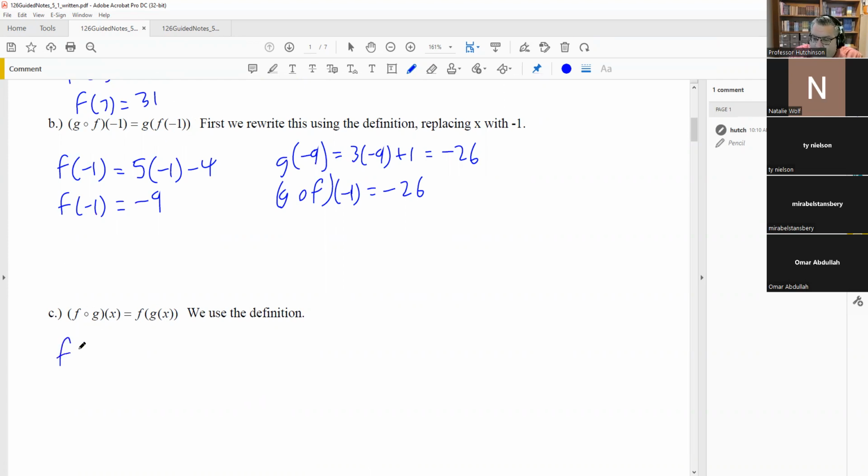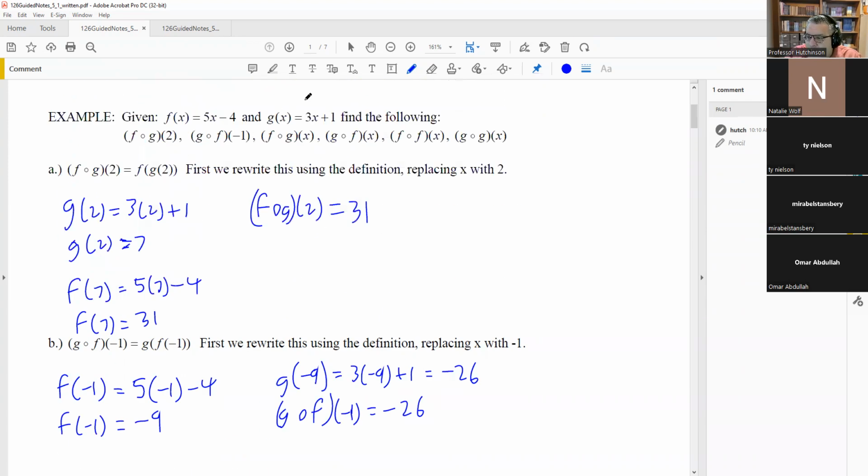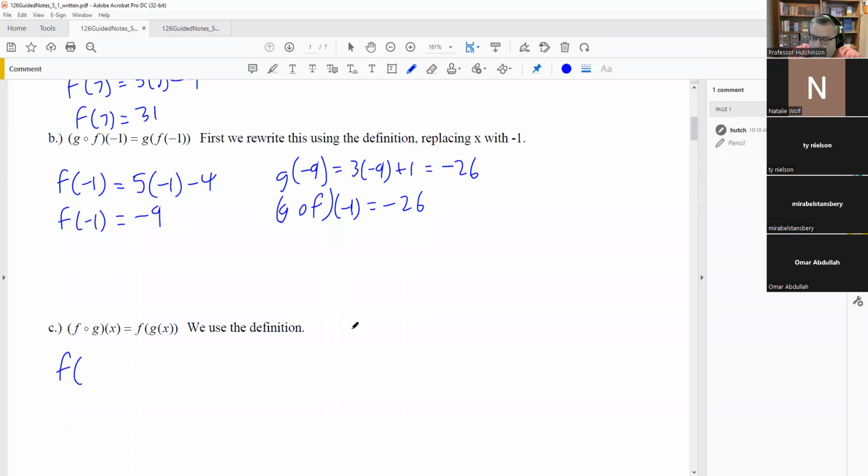I already know what g of x is, so I'm going to replace the g of x with 3x plus 1. I just got rid of the g of x and replaced it with 3x plus 1. So now I want to find f of 3x plus 1.